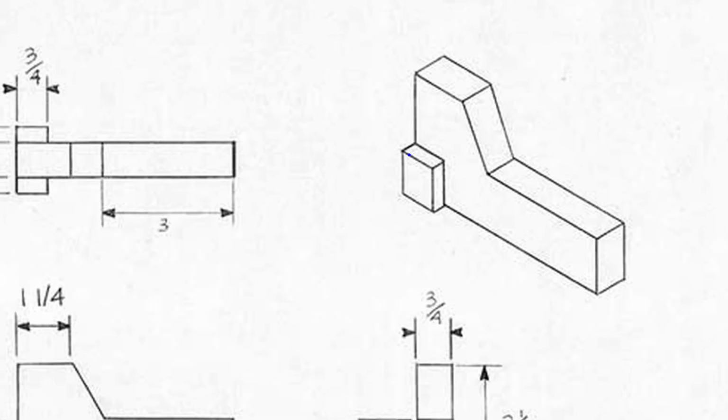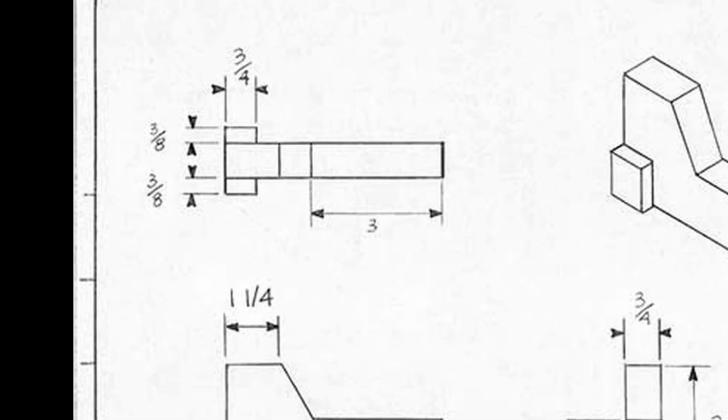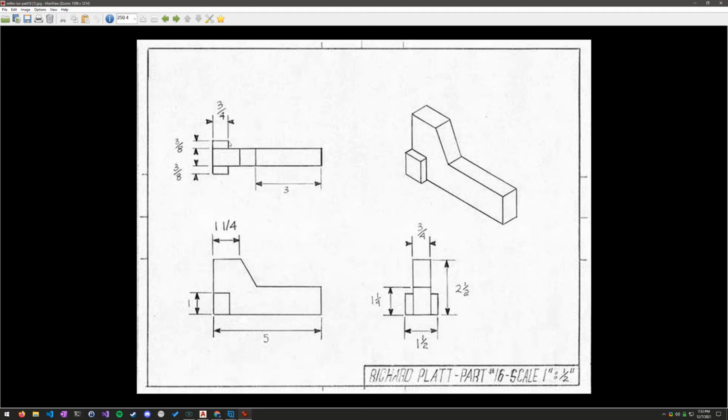Each of these 3 lines, remember, is 3/8. It's the width of this box, or the depth is what I really should say. In the 3D view, it's the depth of these little blocks here.